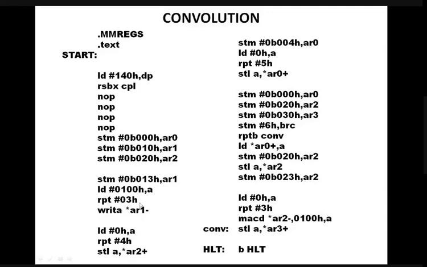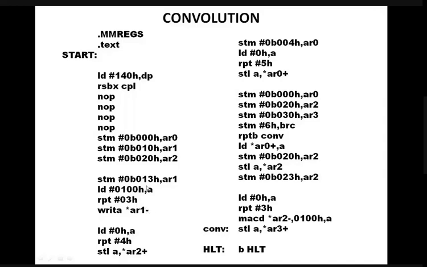Because this has to be repeated 4 times, again the A content will be stored in B012, and again AR1 will get decremented, and the accumulator content will be stored in B011 and then B010. So in all 4 locations, the accumulator content will be stored. If the accumulator content is 1, then 1111 will be stored in B000, B010, B011, B012, B013, something like that. You can understand. This is very, very important.